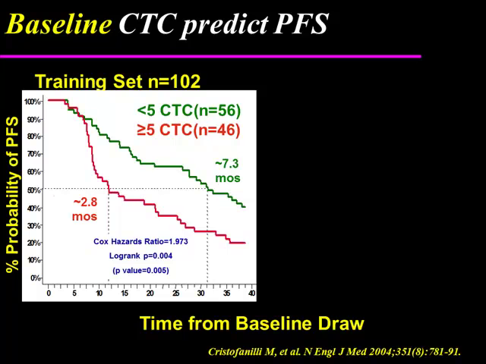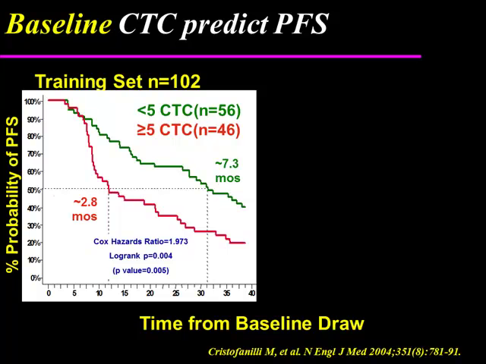This is Massimo Cristofanelli, who was the first author in this paper we published in the New England Journal about 10 years ago now. And this was a prospectively done study of 175 or so patients in which we took the first 100 patients and worked out cutoffs and determined that indeed we could detect a group of patients with elevated cells, that being more than 5 CTCs per 7.5 mL of whole blood, and that they have a worse prognosis if their cells are elevated prior to initiating some sort of therapy for metastatic disease, compared to those who don't have elevated cells.